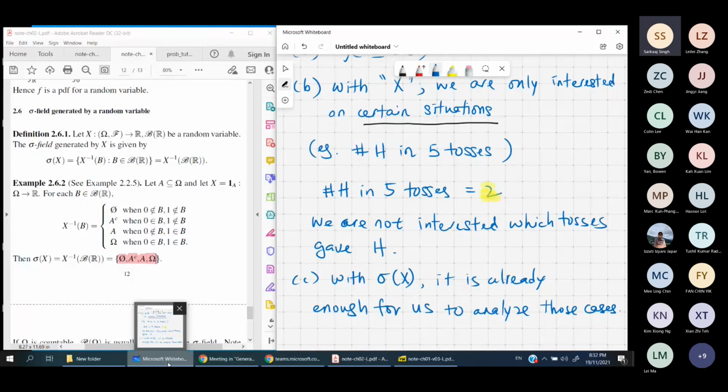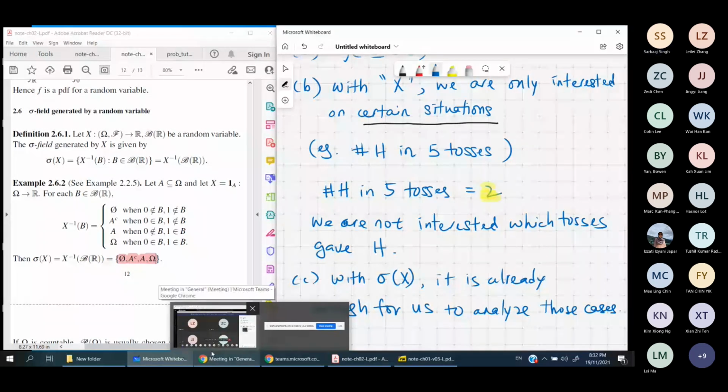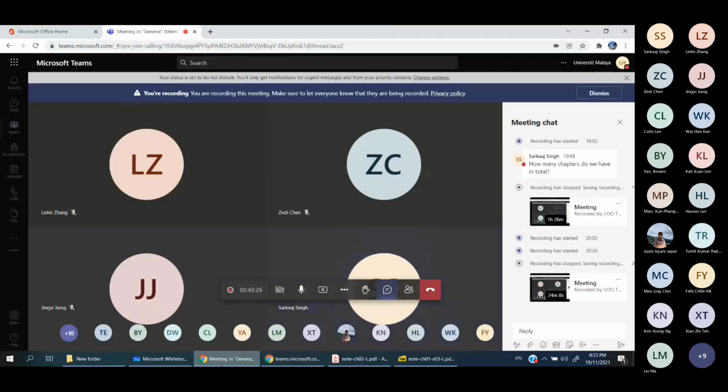So if X maps to R, why isn't the inverse just R to the sample space? Because it's kind of like a circle.